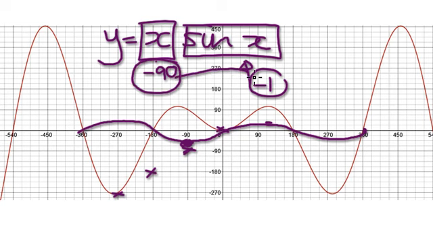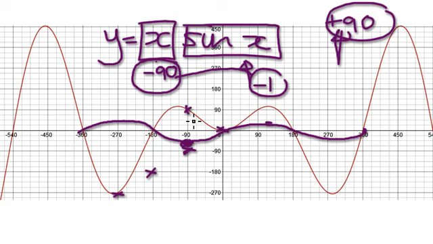So now this times this. Well, 90 times 1, normally, would be 90. But two negatives make a positive, so it would be a positive 90. That's why, rather than being amplified in the negative direction, you're actually amplifying in the positive direction. So it's up here. Well, 180 would be 0, so it's always 0.